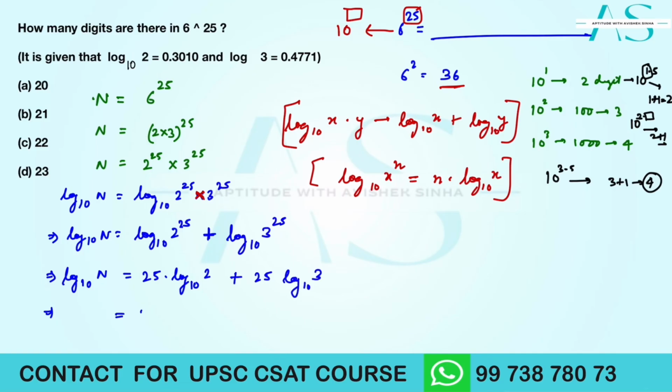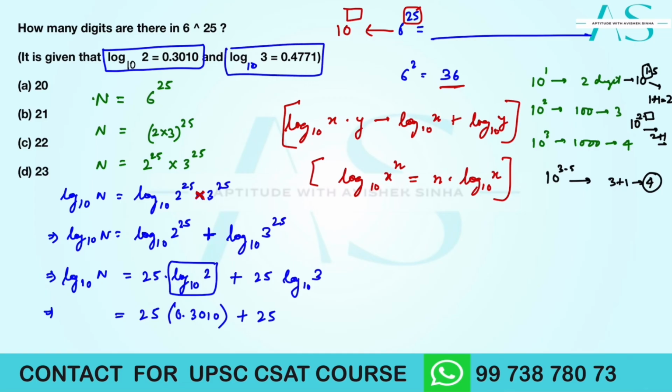यहाँ पे क्या आएगा 25, और log 2 to the base 10 का वैल्यू गिवन है. We will use it: 0.3010 plus 25 into, this is also given. So we will use it. This is 0.4771.